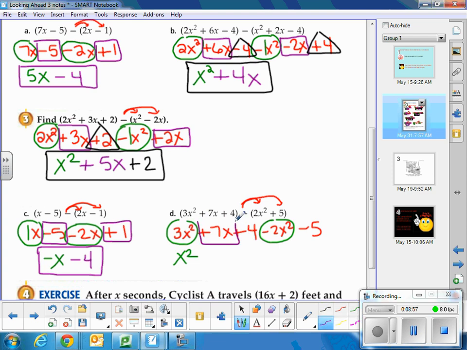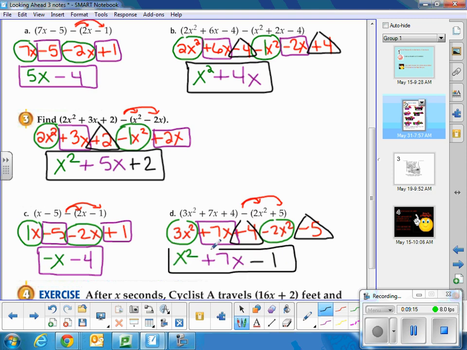And then we don't have anybody else to go with the 7x, so we just write down plus 7x. And then lastly, we have a positive 4 and a negative 5. Positive 4 plus a negative 5 is a negative 1. So your final answer is x squared plus 7x minus 1.